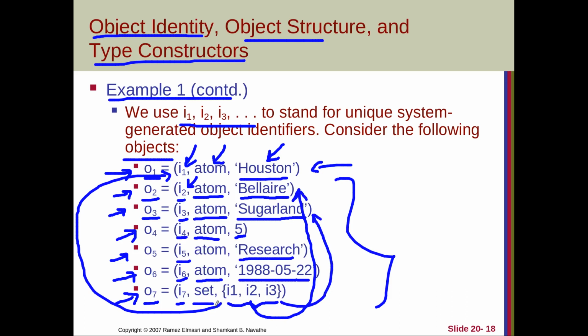So what does this I7 or object 7 represent? An object with a group of values, that is, a set of atomic values, a set of objects. A set of I1, I2 and I3 forms object number 7 by using the object identifier I7. So this is the way in which we are representing the different objects.